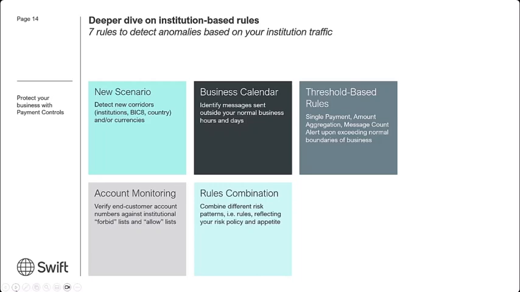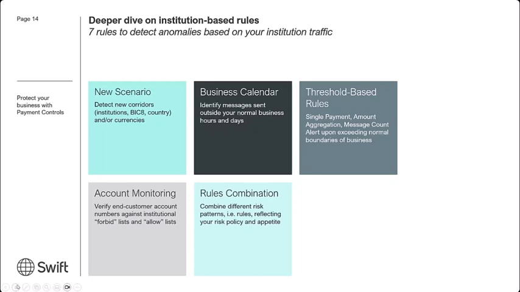However, you might decide that actually if there is a new currency and a payment that's over $10,000 that is happening outside of the business calendar hours, then maybe you want to block that payment. So that's what that rules combination essentially lets you do. So it lets you combine the rules and then apply a different alert type to it.